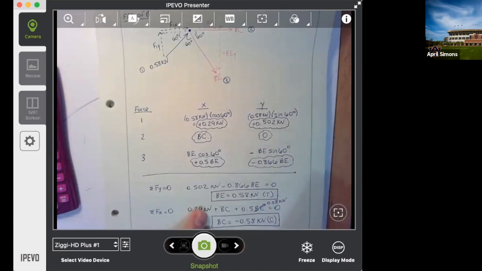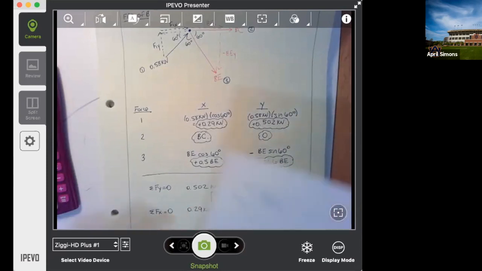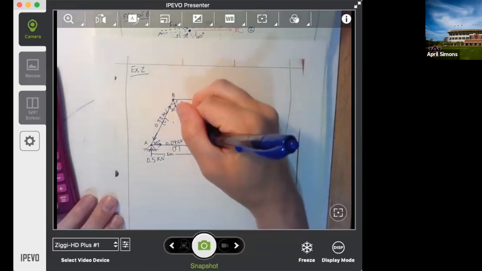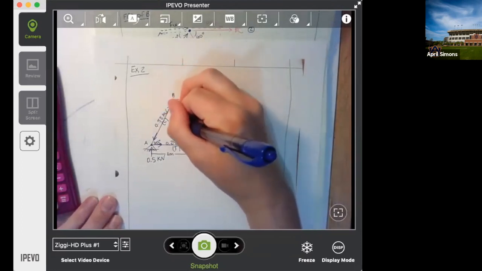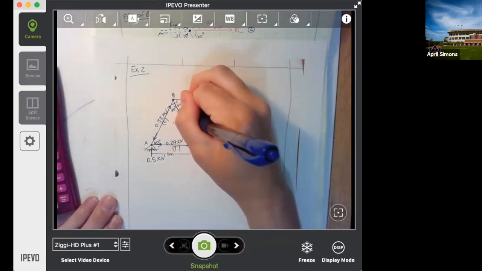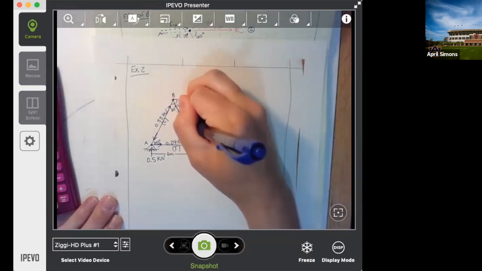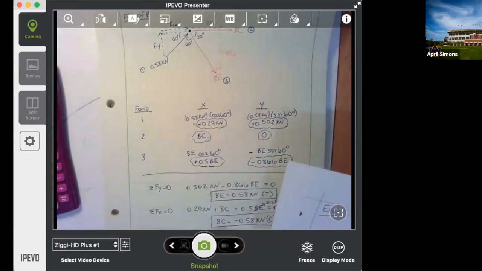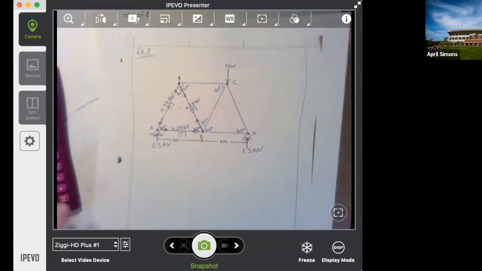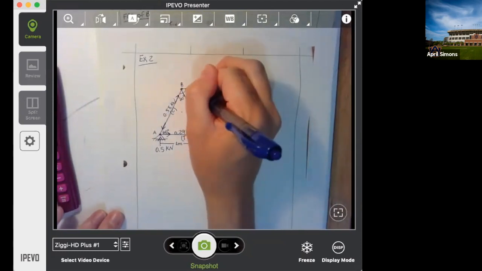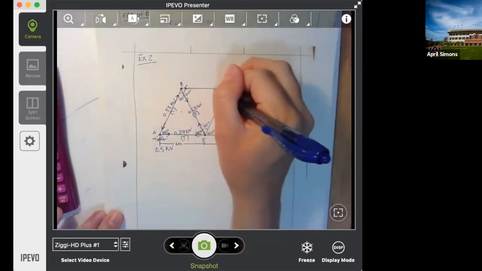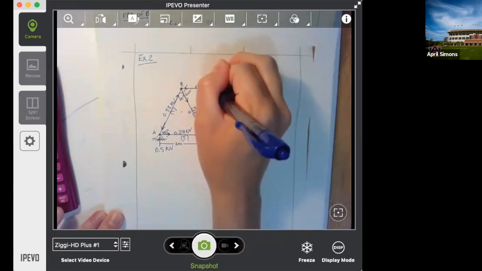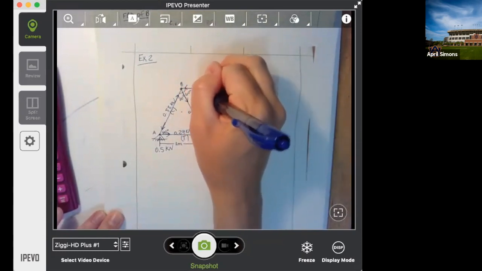So we've got BE is in tension 0.58 kilonewtons. So we'll draw these arrows going away from the joints to show tension, 0.58 kilonewtons. And BC was compression. So those arrows going towards the joints, 0.58 kilonewtons here in compression.